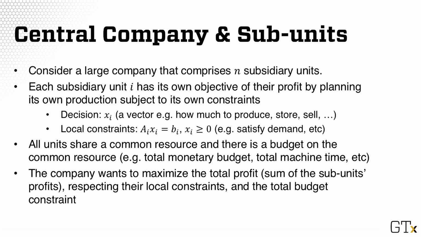This is a pretty general and typical operational problem in a large organization that is composed of smaller, semi-autonomous units that have their own decisions to make and their own autonomy to make their decisions, but the units are constrained together by certain common constraints.